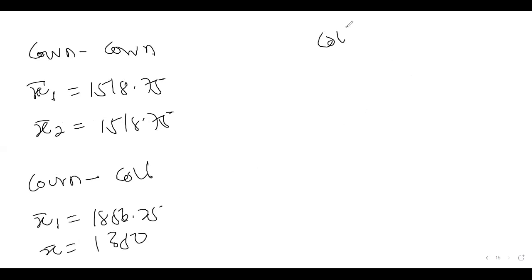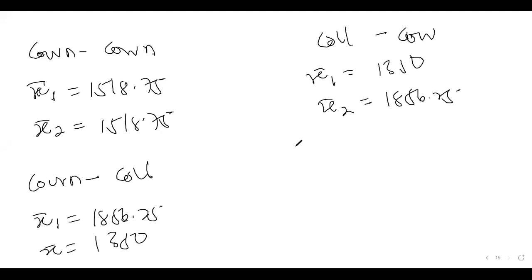Instead, if firm 1 plays collusion and firm 2 plays Cournot, firm 1 will get a profit of 1350. Then firm 2 will get a profit of 1856.25. So let's represent this one as well.